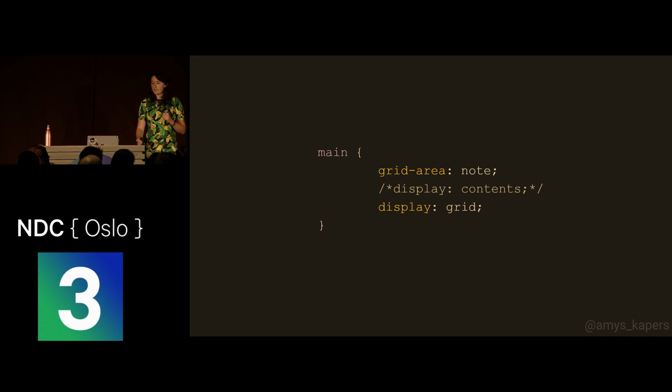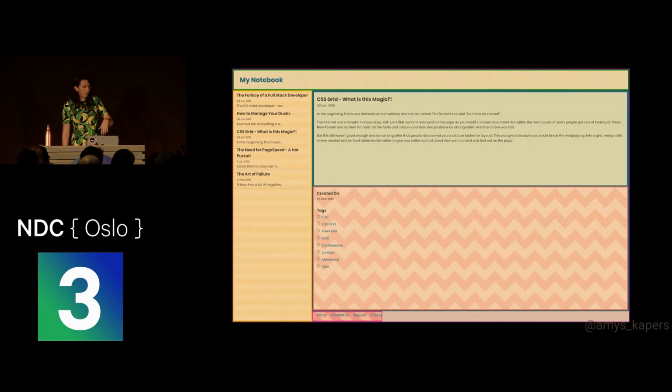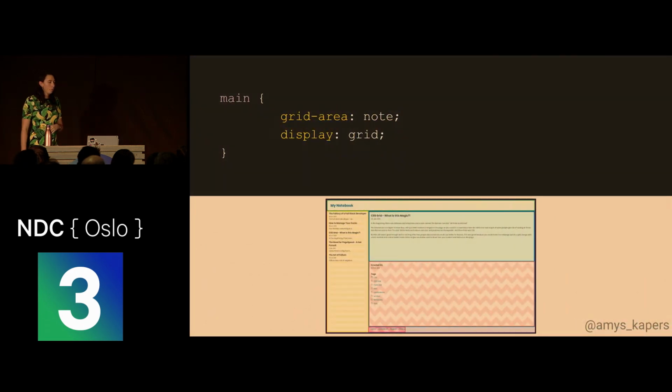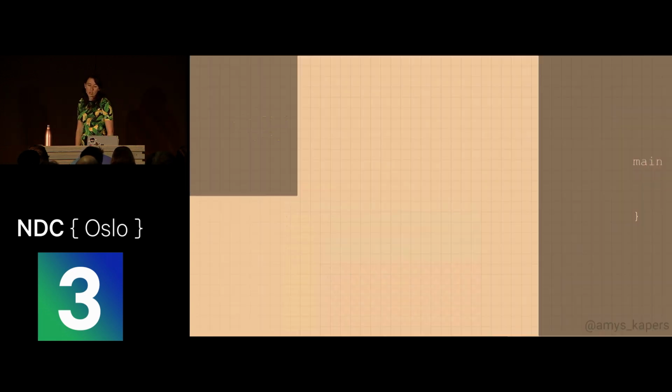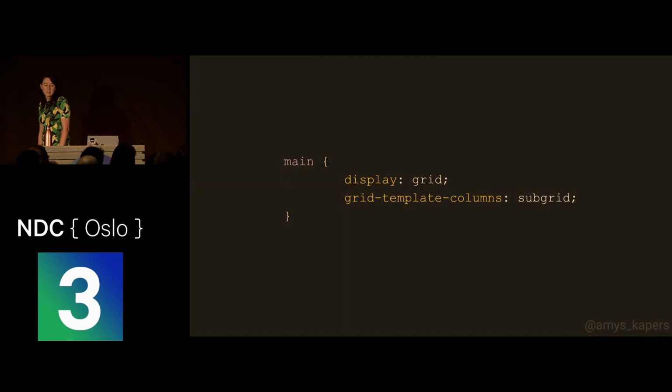But this isn't necessarily going to be a grid in its own right. So if we apply display grid, it looks like this. It's taken up the full width. But then, instead of defining how many columns wide we want our grid to be, as I said, we could just say we want this grid to be 4 columns wide and sort that out, but then there's a lot of other work you've got to do when it changes screen sizes. SubGrid allows us to go grid-template-columns: subgrid.